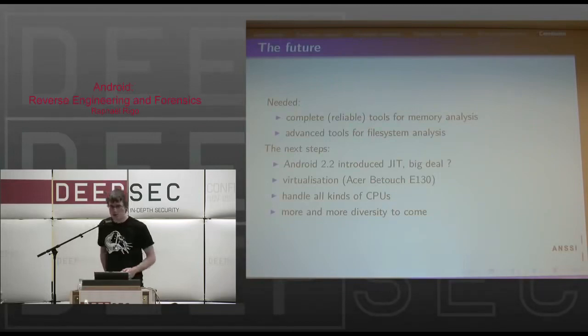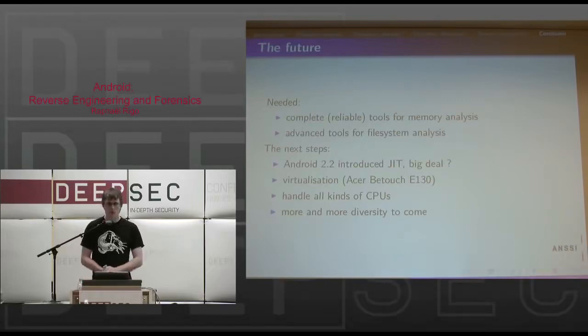And Android is moving forward really rapidly, so you have to adapt as well to the evolutions of the operating system itself. For example, 2.2 introduced just-in-time compilation, and is it a big deal? I don't know, I haven't looked into it yet, but probably optimized Dex files are gone, so you probably won't be able to use them to reverse and uncover rogue applications.